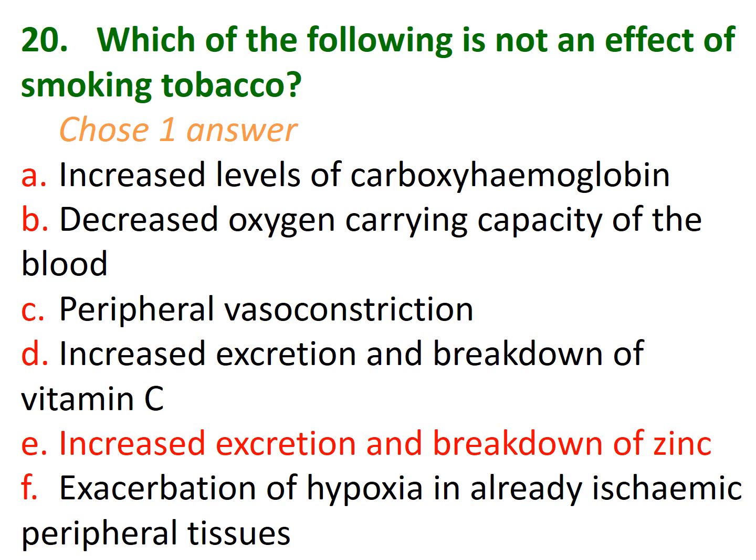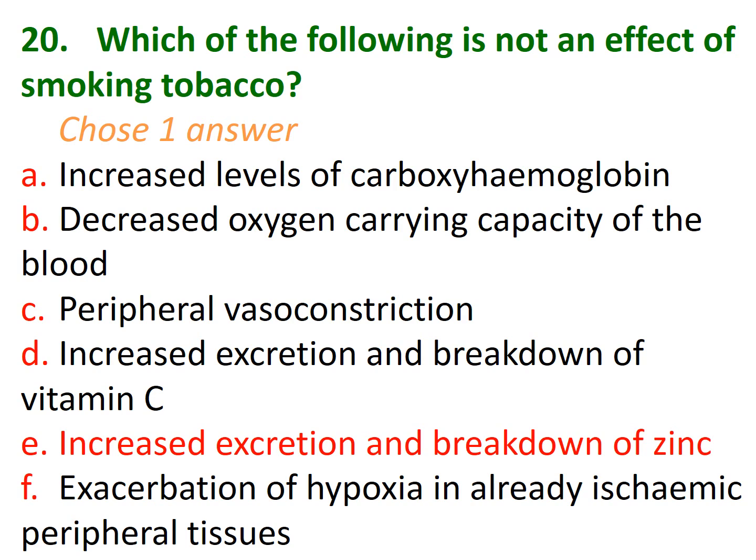So there will be decreased oxygen carrying capacity of the blood. There'll also be peripheral vasoconstriction, which will reduce blood supply to the wound. There'll also be increased excretion and breakdown of vitamin C, and vitamin C is essential for wound healing. For example, vitamin C is essential for the synthesis of the protein collagen.